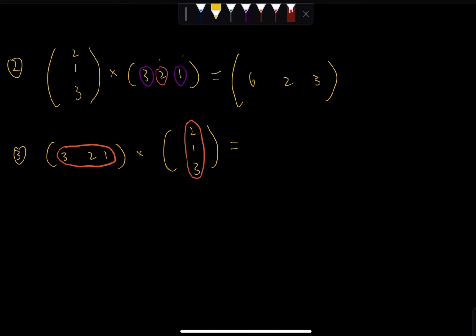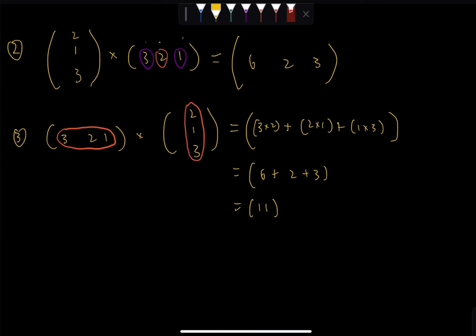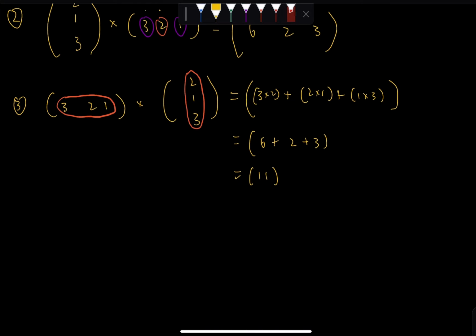So then you have 3 times 2 plus 2 times 1 plus 1 times 3. That just gives you 6 plus 2 plus 3, and that gives you 11. And there's just one number in this matrix, and that's it. That's it for matrices in your syllabus. Thank you.